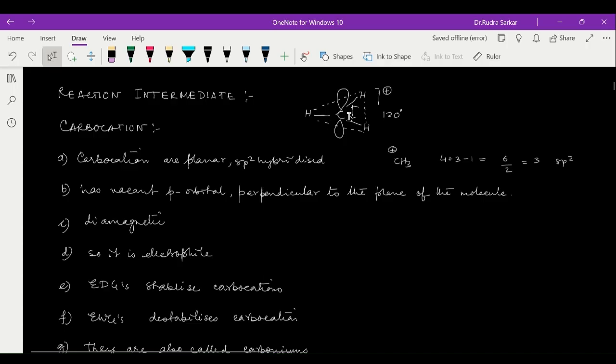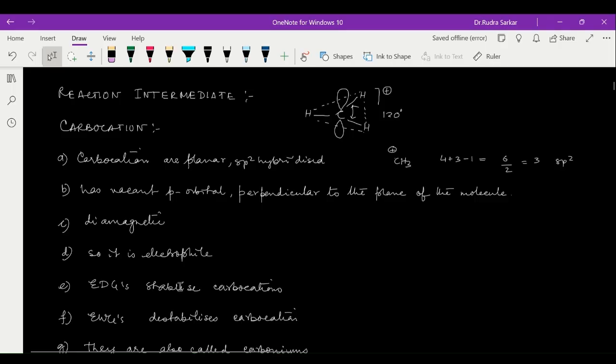So if you have a positive charge on this, it can be stabilized. This type of species, even though it is an intermediate, can be stabilized by pushing more electrons towards the carbon center. If you have groups in place of hydrogen that donate electrons towards the carbon, that will increase the stability of the carbocation.